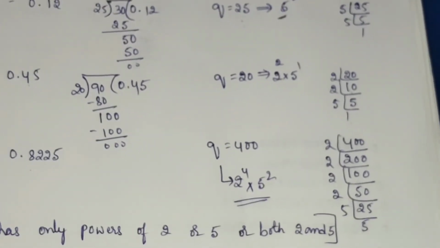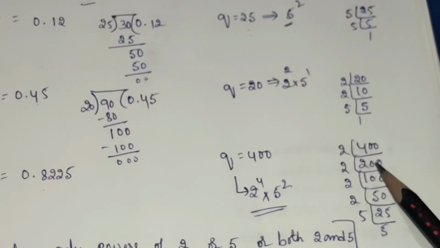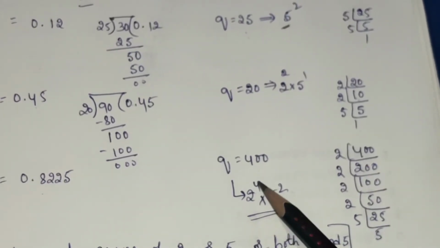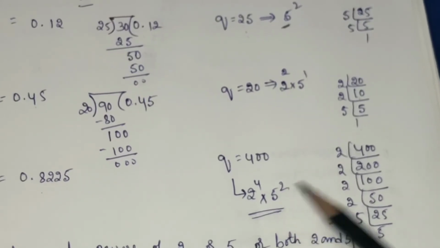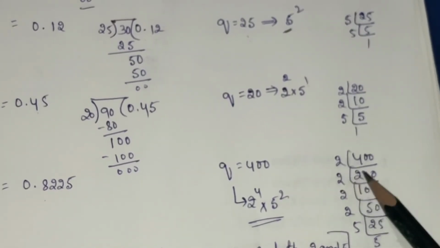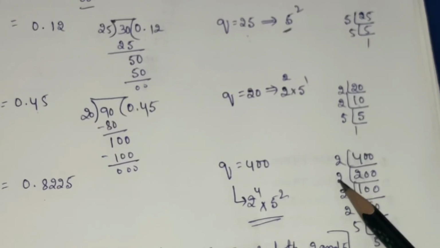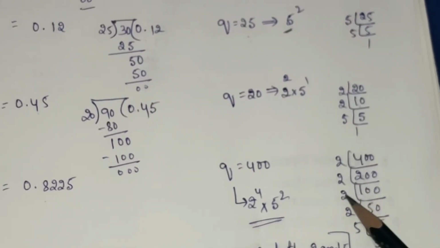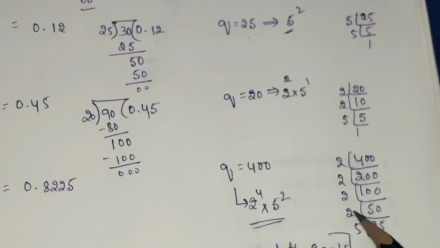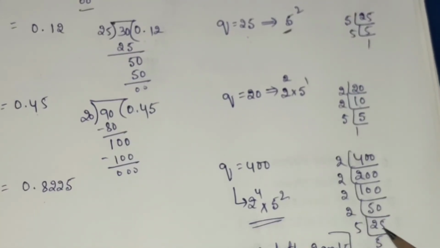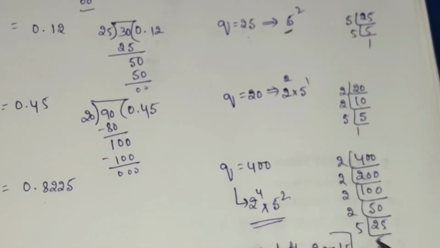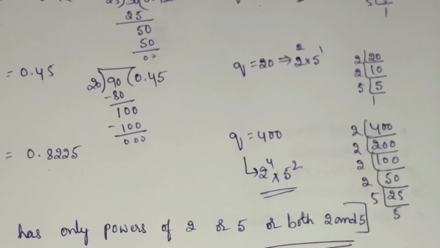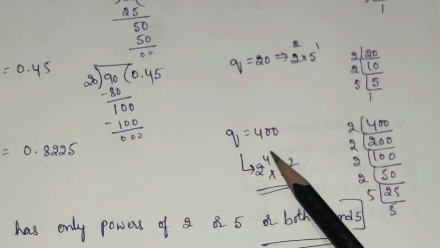When you express 400 in terms of prime factors, it is 2 to the power of 4 and 5 to the power of 2. 2 200s are 400, 2 100s are 200, 2 50s are 100, 2 25s are 50, 5 5s are 25. When you express this 400, you can write it as 2 to the power of 4 and 5 to the power of 2.